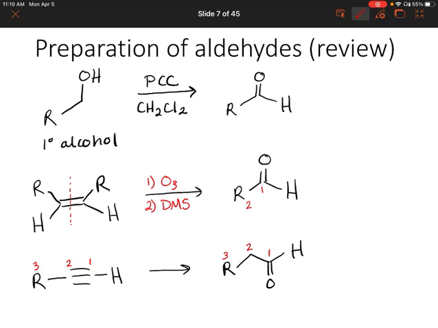Anti, because the aldehyde is going to end up on the less substituted carbon, carbon 1. So then which reagents would we use to perform this anti-Markovnikov addition? So we would use 9-BBN followed by hydrogen peroxide and sodium hydroxide.